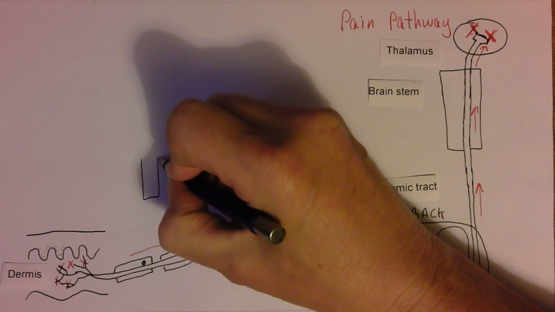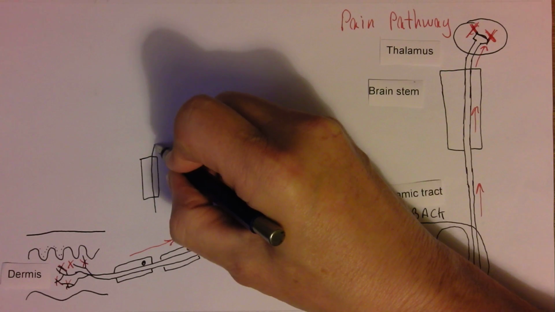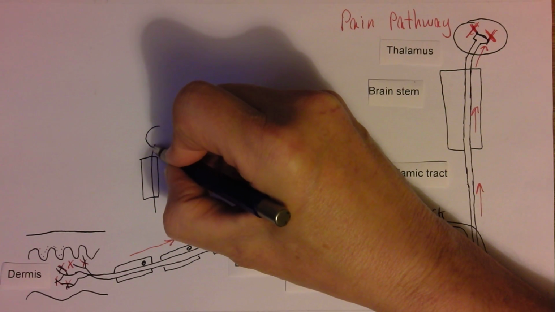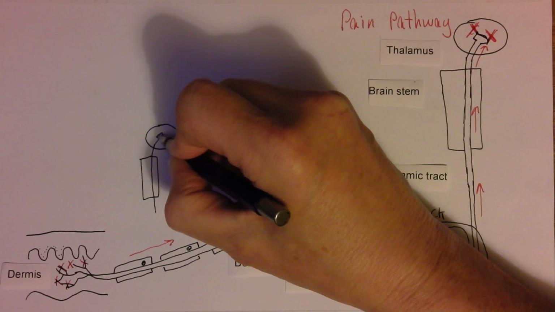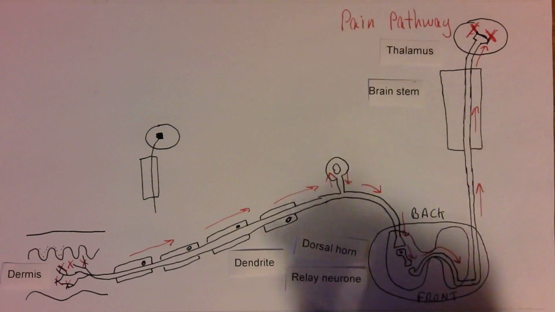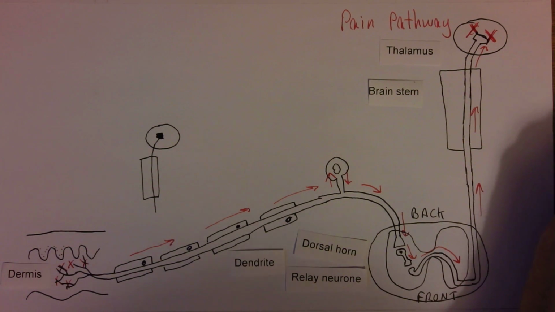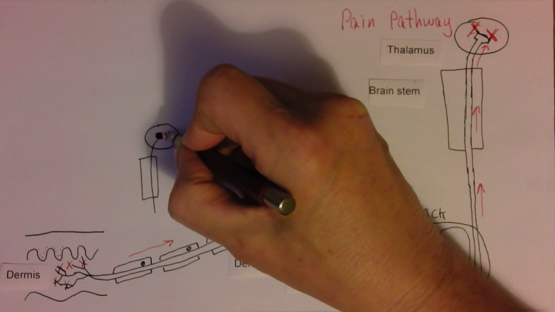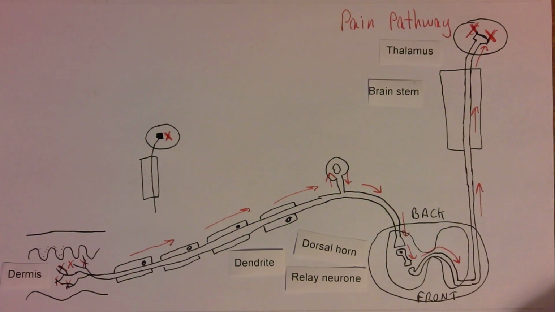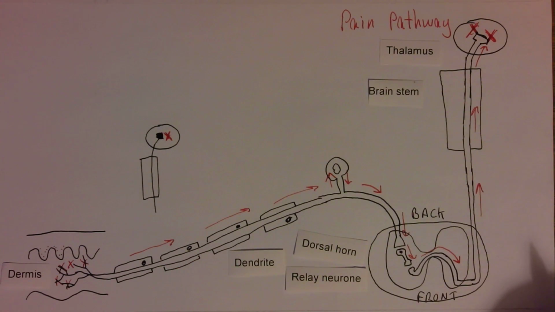Just there, the impulse is coming through the brain stem, up the spinothalamic tract, and it's gone to the thalamus. And the thalamus has generated a pain. And the neuron terminates there. So that's the same diagram. So we can see now that the pain has reached the thalamus, and the thalamus has generated the pain. So I've just transferred that diagram from there to there.